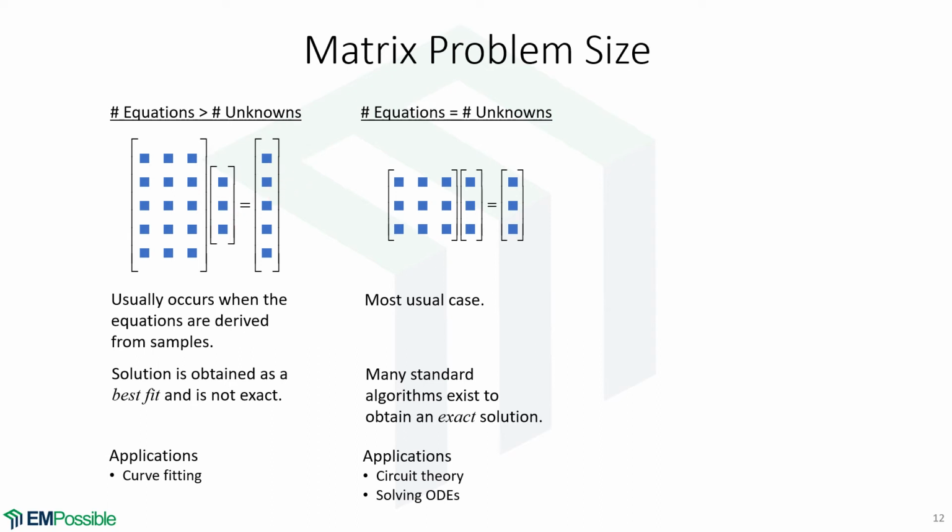So this can happen sometimes if we just have a few samples and we still would like to solve it, and it is still possible to solve, but we have to solve this in a sense of it being a best fit. So in fact, there may be multiple solutions, and depending on what requirements we have, we could determine one of those is a better fit than another. And so anyway, we look at this as a best fit.